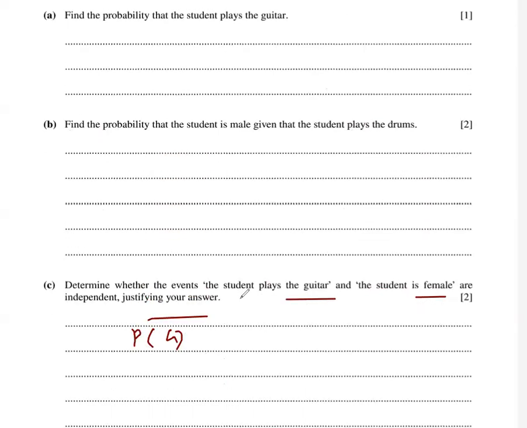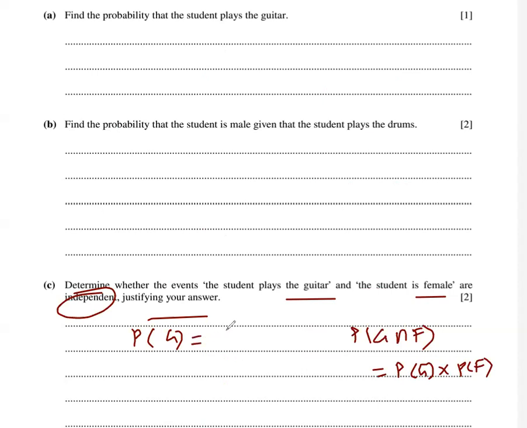So what is the rule for independent events? Independent events state that P of G and F should be equivalent to P of G into P of F.